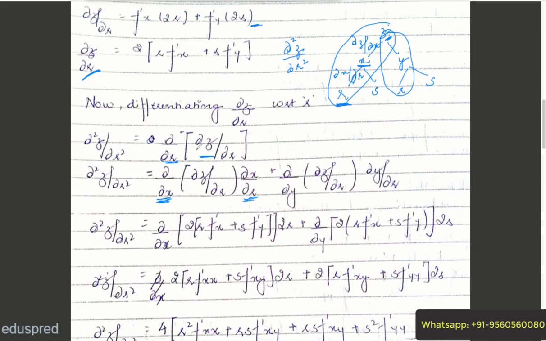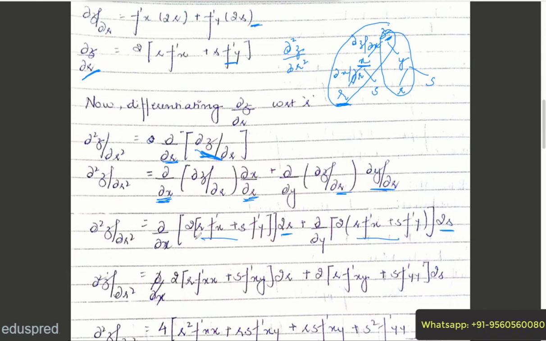Rather, we are differentiating this first order derivative with respect to r. So instead of z, we are writing del z by del r. Similarly, you will get this term. From the previous part, we know del z by del r is twice of r f prime x plus s f prime y, and making the substitution, you will get this. And your del x by del r is 2r like before, and del y by del r is 2s.